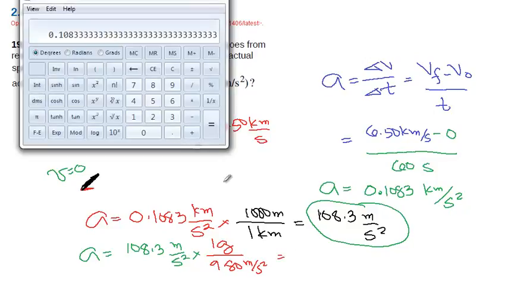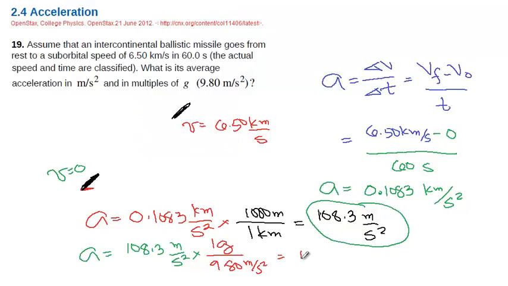So it's 108.3 divided by 9.80, and that's giving me 11.05 g, or around 11 times as big as the acceleration due to gravity.